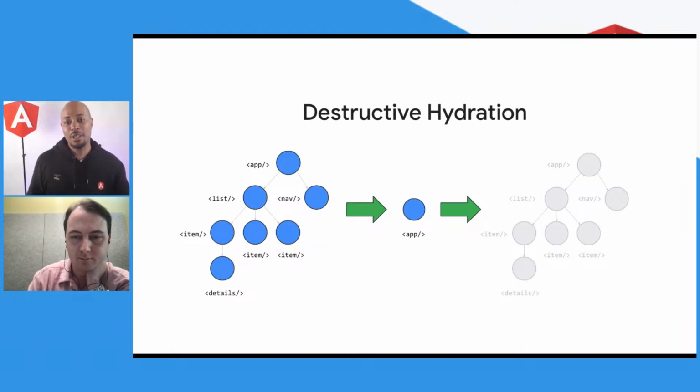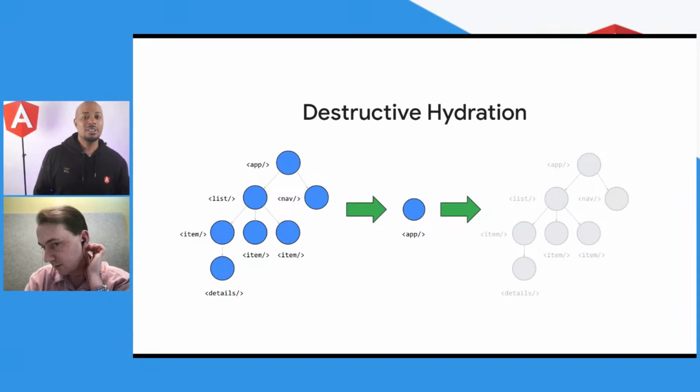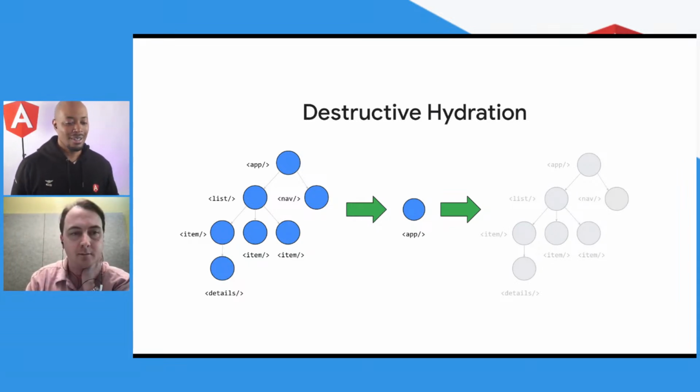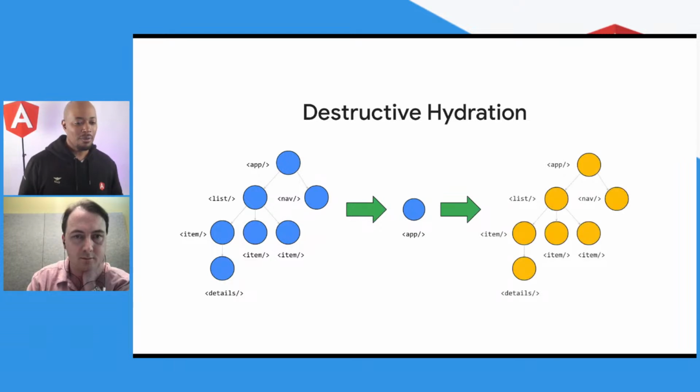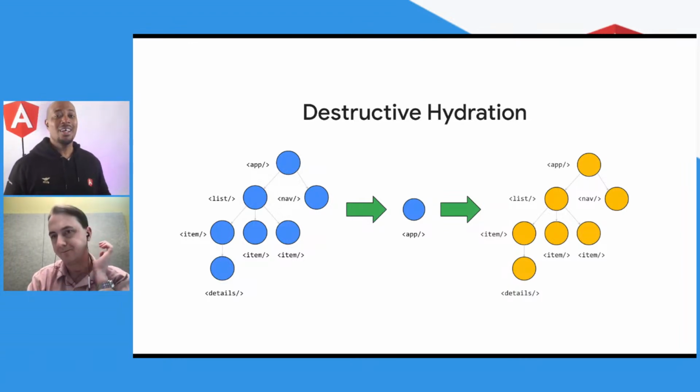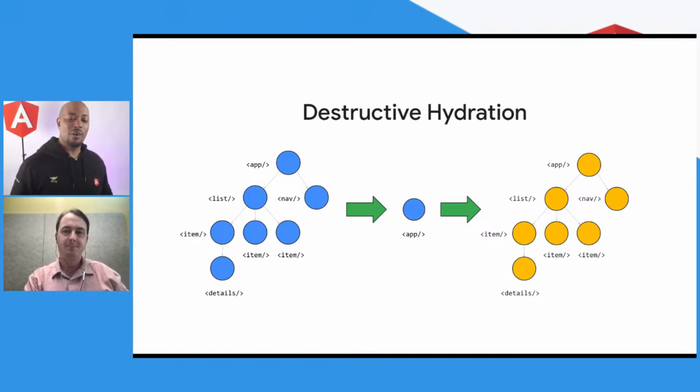The flicker happens because once Angular starts up in the browser, it destroys the existing content and then re-renders the application. My clicker's just not working. But we're going to do better. We call this destructive hydration. It takes all your content and throws it in the browser, so you get to see it. It looks nice, but you can't interact with it. Then we get Angular involved, tear it down, and redraw everything. And then you get that flicker.